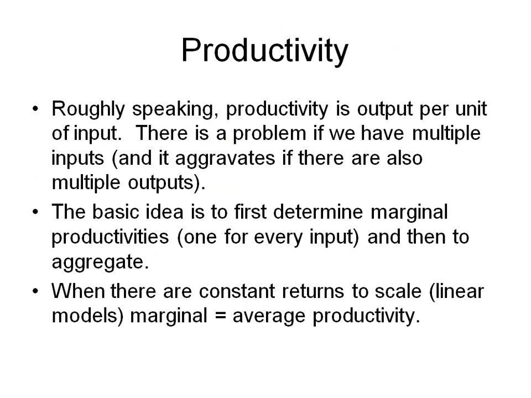So roughly speaking, productivity is output per unit of input, and there is a clear problem if we have multiple inputs. Think of labor and capital, because what is 1 unit of input in that case? You have to aggregate labor and capital. You will need prices or weights, and for those weights it is natural to use the Lagrangian multipliers. They were the weights attached to the constraints, such that the combination of the constraint vectors yields the objective function vector.